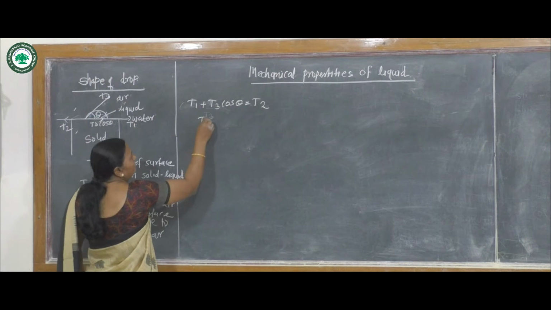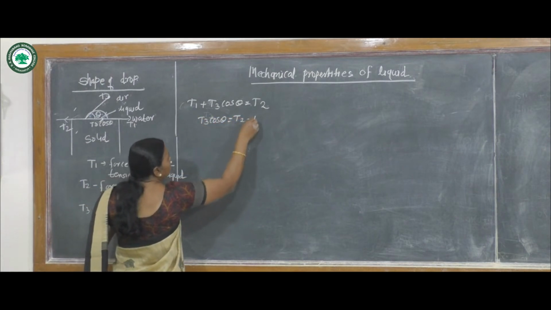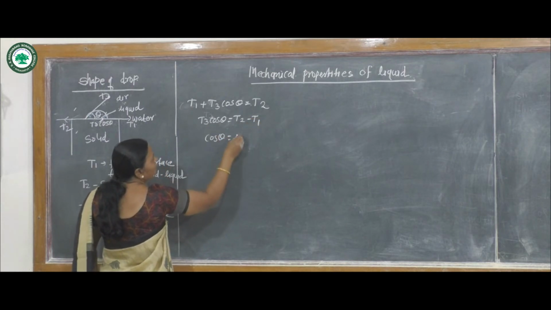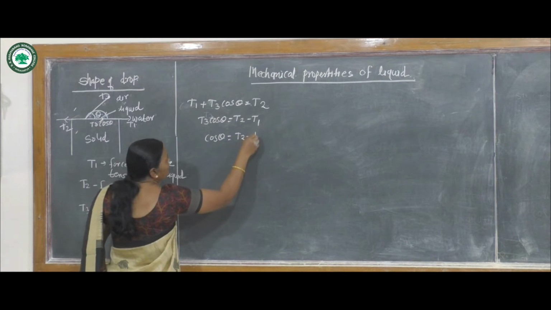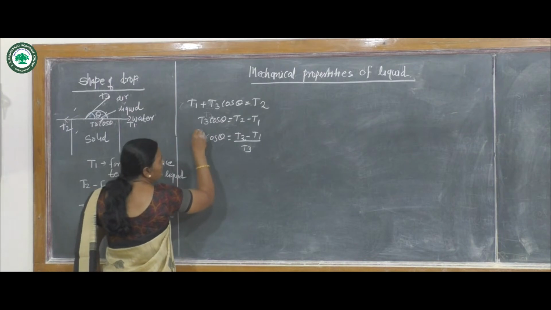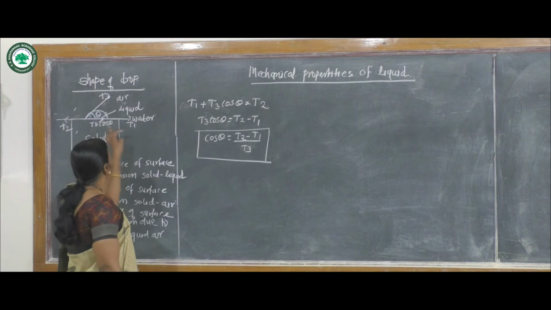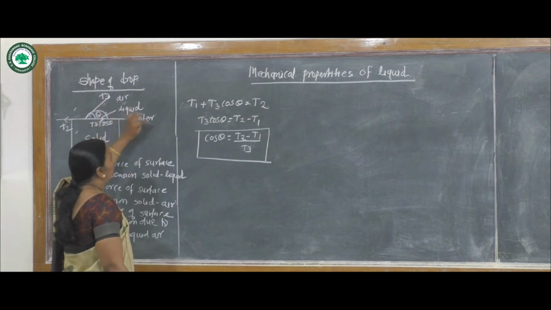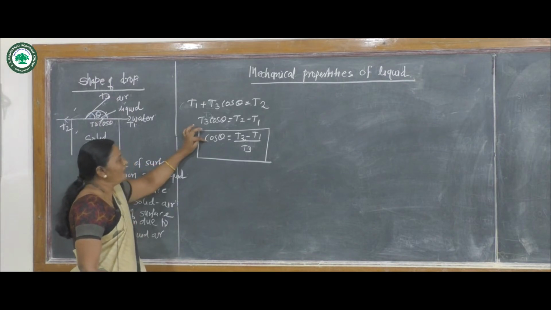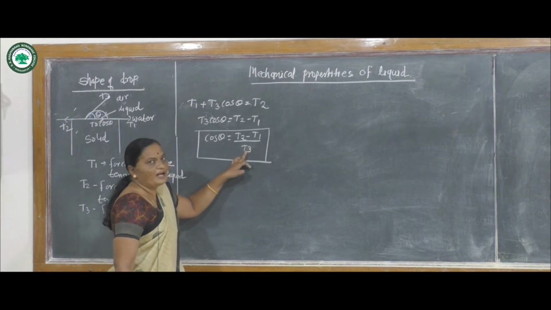Then T3 cos theta is equal to T2 minus T1. Then cos theta is equal to T2 minus T1 divided by T3. This defines the angle of contact. Theta is the angle of contact. Here for water, it is acute, that is less than 90 degrees, and it is given by cos theta is equal to T2 minus T1 divided by T3.